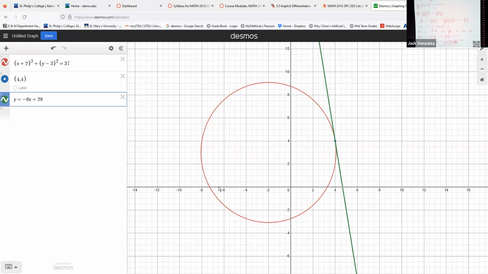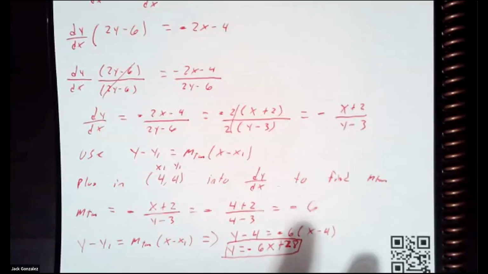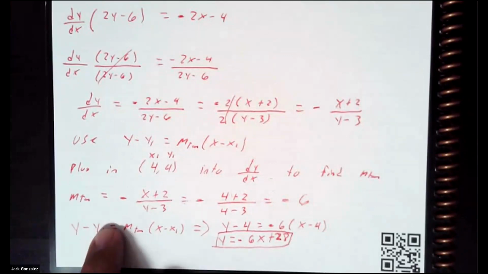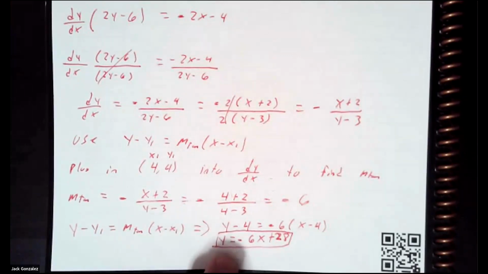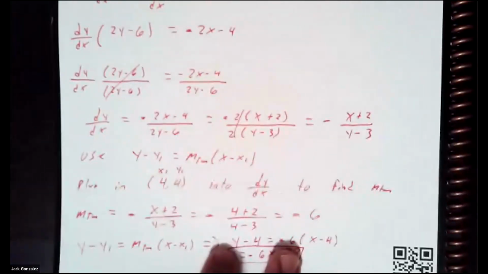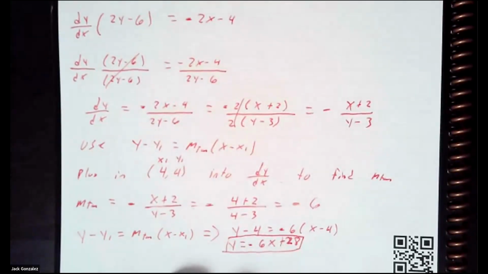But yeah, you need the derivative to find the slope, and then once you have that, you can use the point-slope form. So in a nutshell, find the derivative to find m. Once you find m, plug in the m and the point to find your line. That's technically all you're doing. It's just that the derivative is super annoying. Like the idea is basic, but the algebra and the steps can be long.